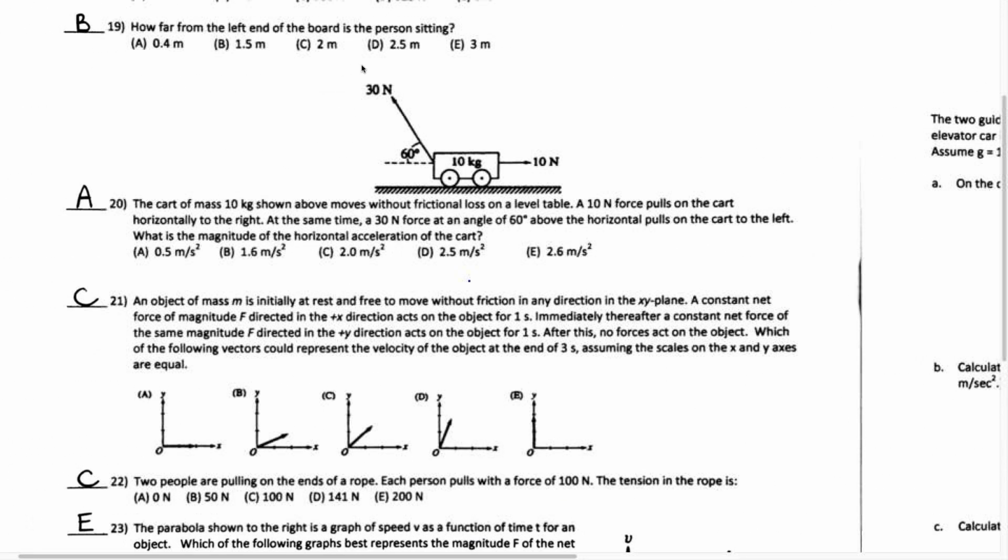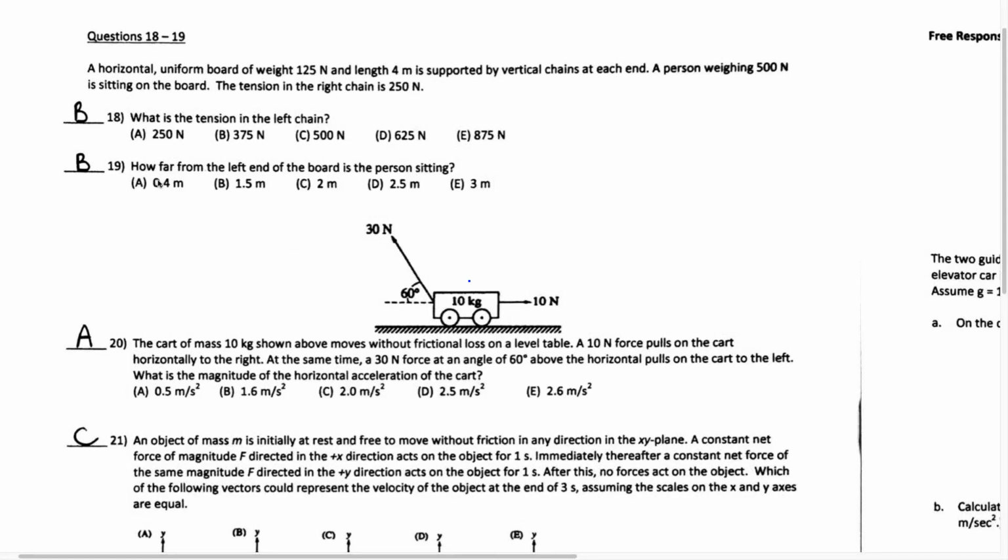Question number 19 is one that should have been eliminated from this. Question number 19 actually is a rotational mechanics question, and you would not be able to solve this until later on in the course. So 18 is fair, but then 19 requires this additional kind of knowledge base.